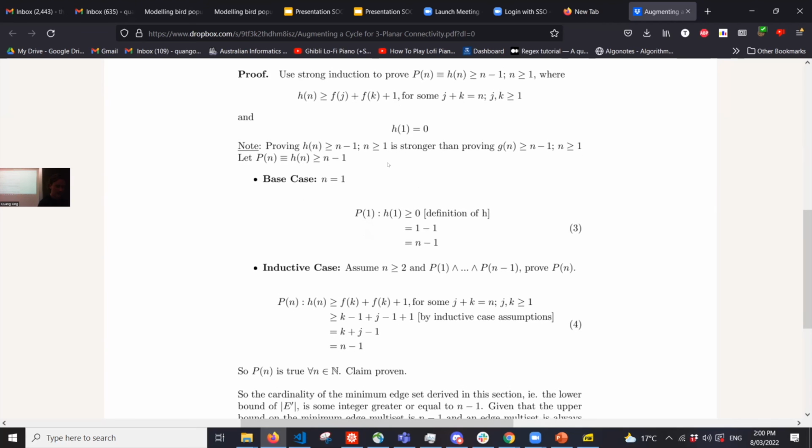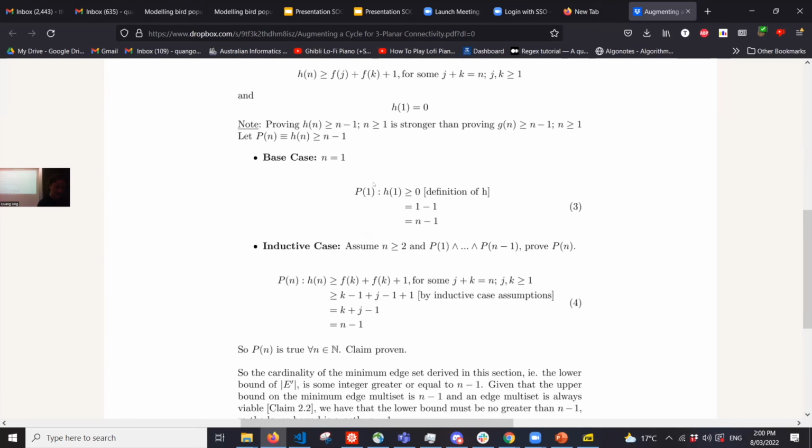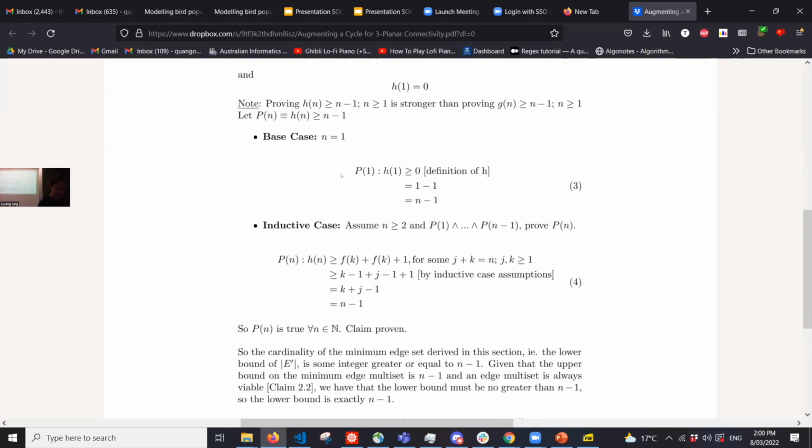And we can solve this inductive relationship with the base case and the inductive case using strong induction to end up showing that h of n, the number of edges needed to augment the original graph to make it 3 connected, is at least n minus 1. Not equal to n minus 1, but at least n minus 1.